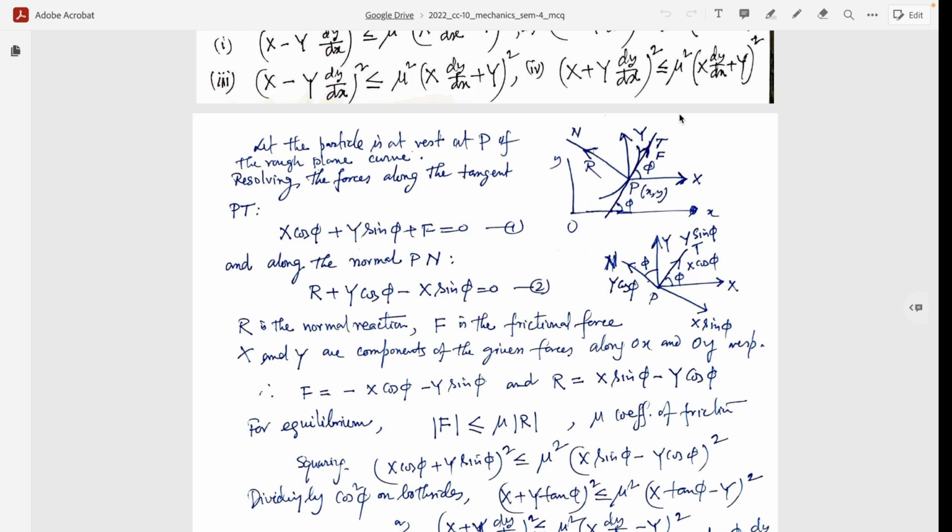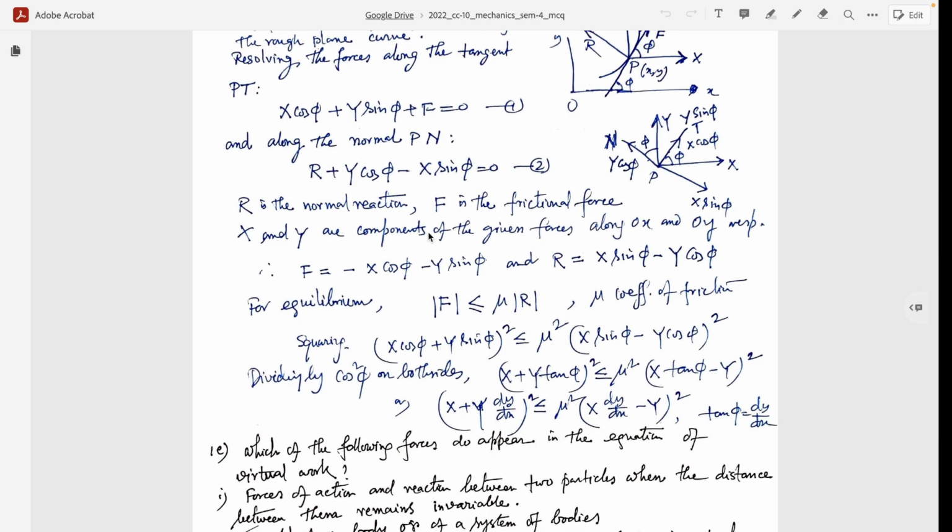And resolving along the normal PN, R is the normal reaction, and Y cos phi is the component of Y along PN, and the component of X opposite to PN is X sin phi, so R plus Y cos phi minus X sin phi equals 0.